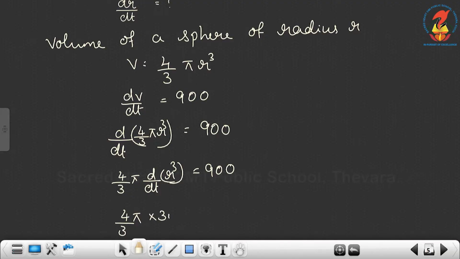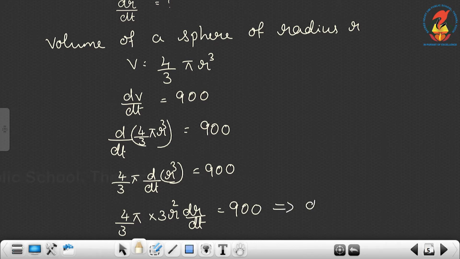That is 3r square into dr by dt is equal to 900. So from that we have to find dr by dt. So, dr by dt is equal to, 3 we can cancel, 900 by 4 pi r square.